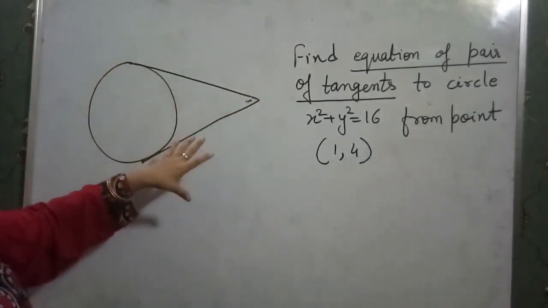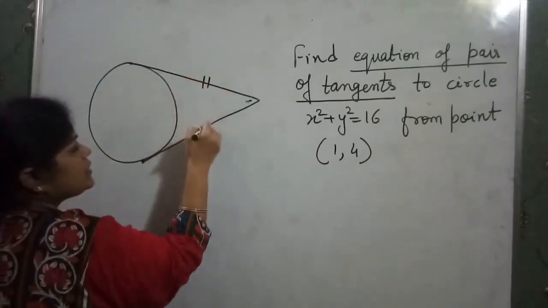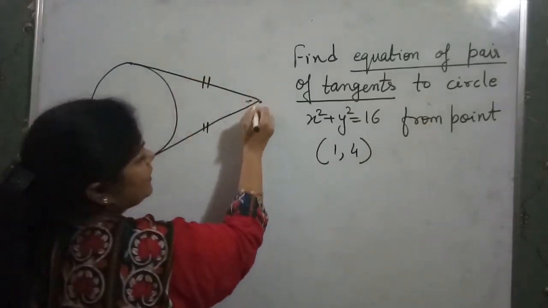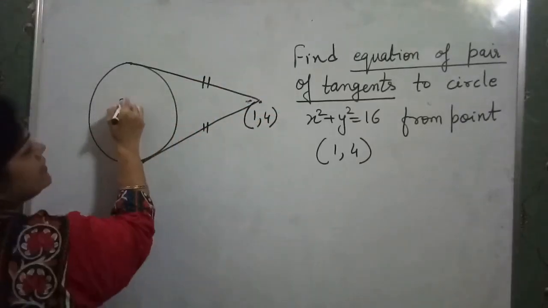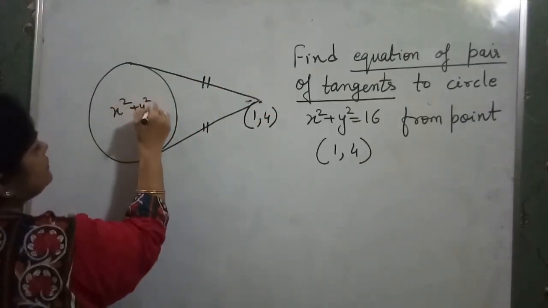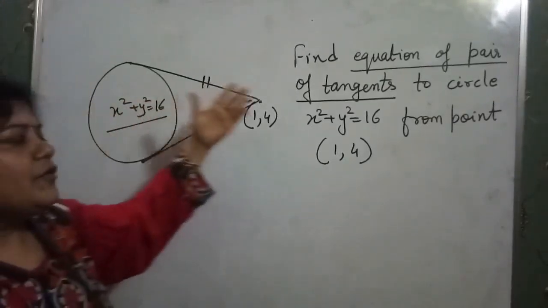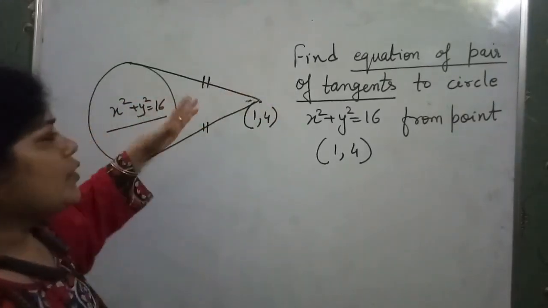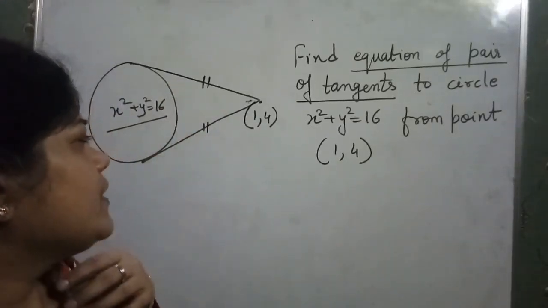So in this question, we have to find the pair of tangents to the circle from a point, and this is the point (1, 4), and this is the equation of the circle. I think you now have the conceptual understanding of this question and what we have to do and how we will find that. Just follow with me.